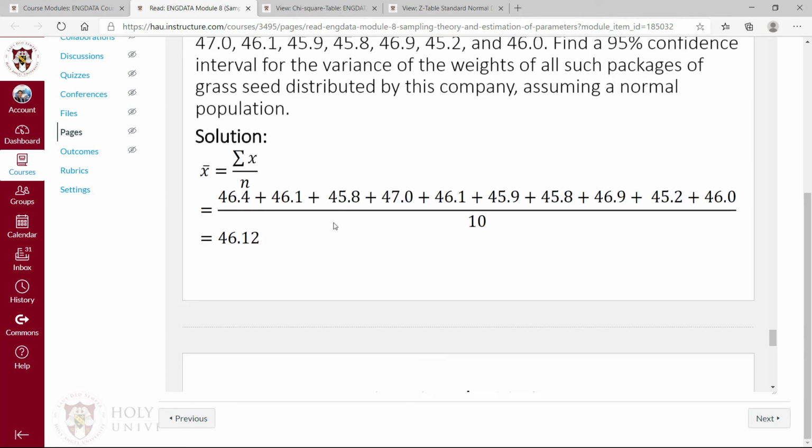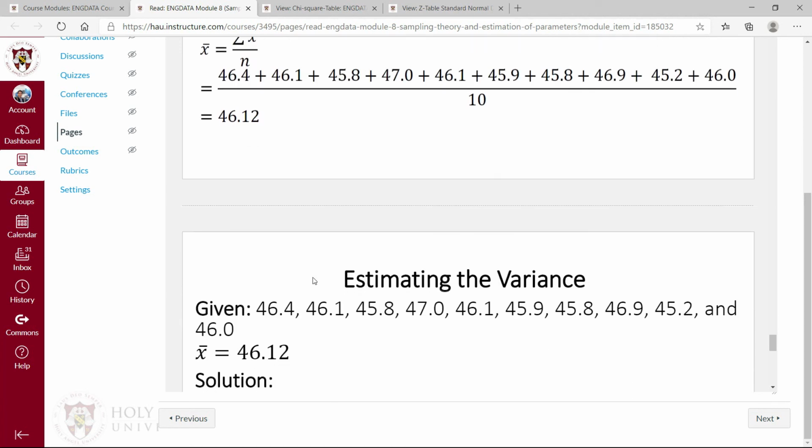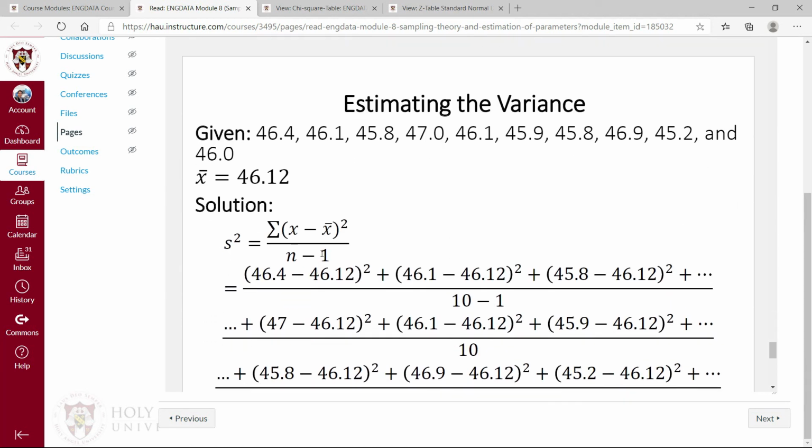So using the formula for mean, summation of x all over n, you add all those values, then divide by n, which is 10. You'll have the mean of 46.12. And then solving for the variance of the sample given, using this formula, you're familiar with this one.